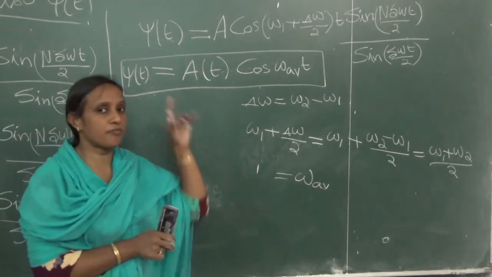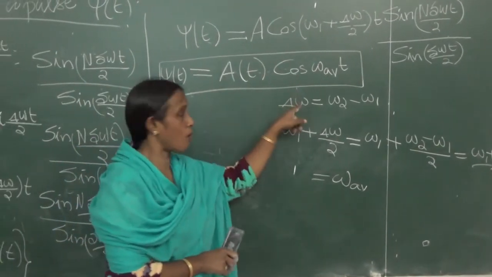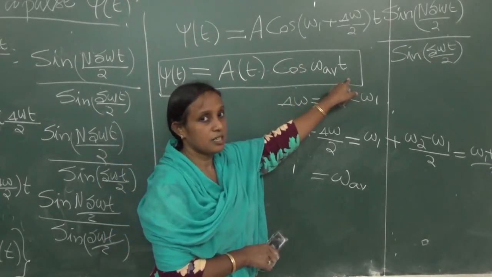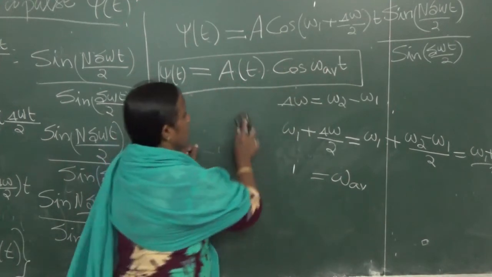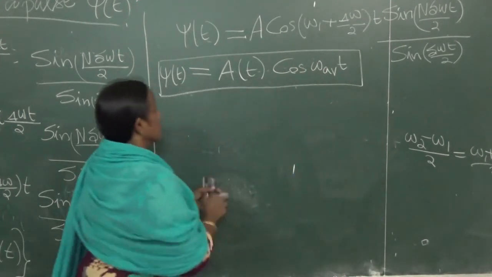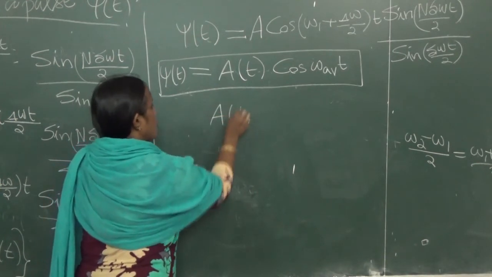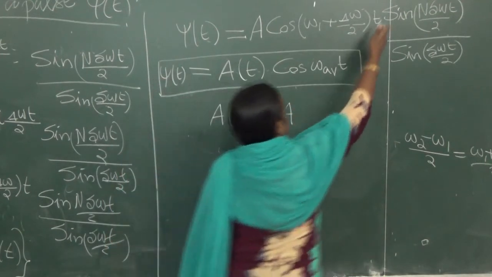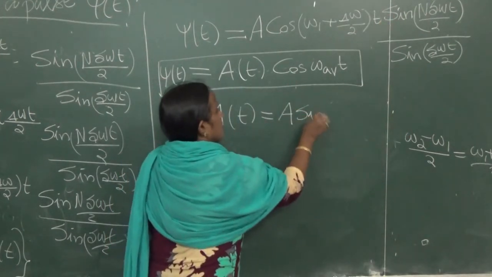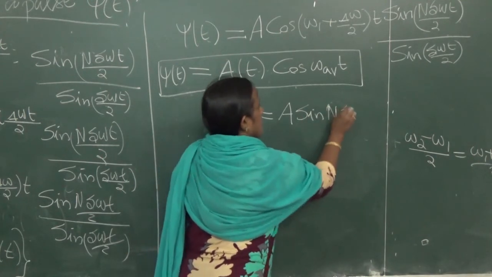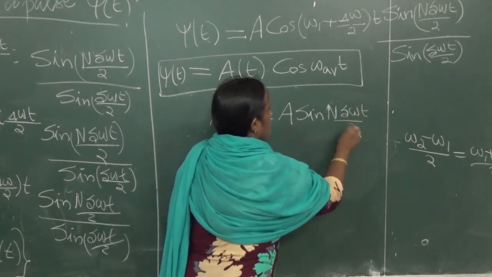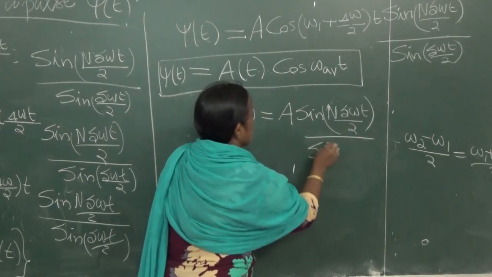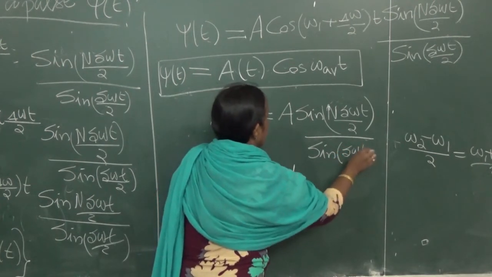So equation 1 takes a new form: A(t) cos(omega_AB t), where A(t) is equal to A into sin(n delta omega t by 2) divided by sin(delta omega t by 2).